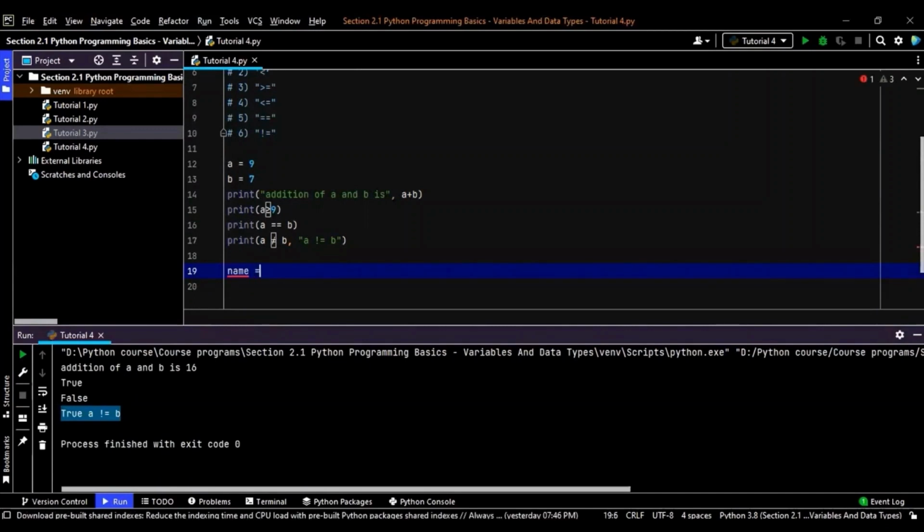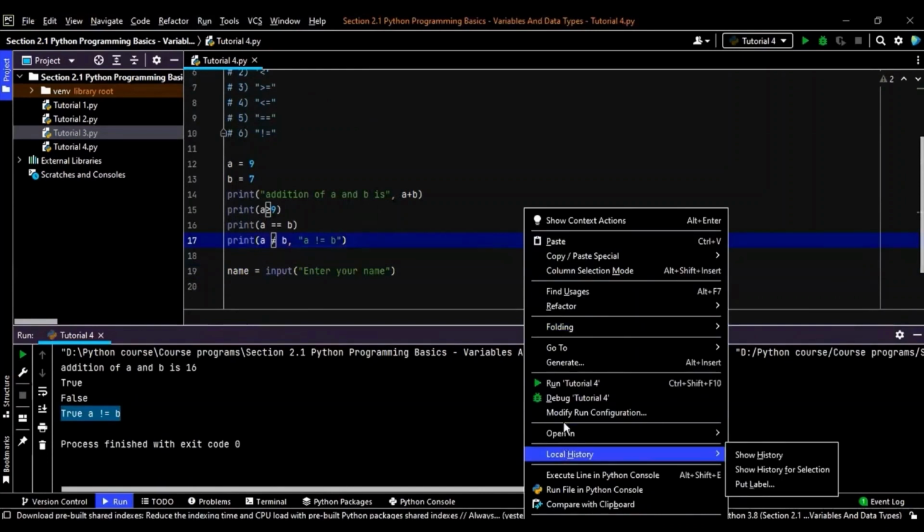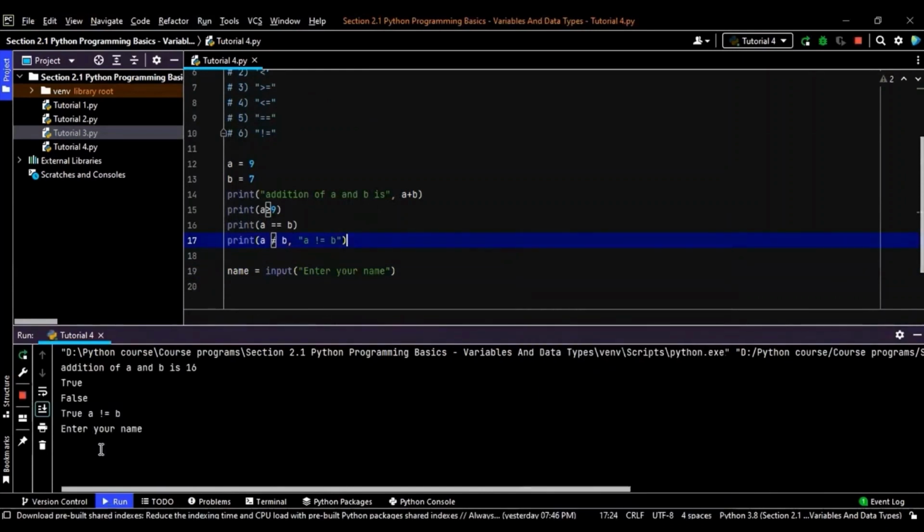name is equal to input, enter your name. Okay, if I do this now and try to run this, it says enter your name.